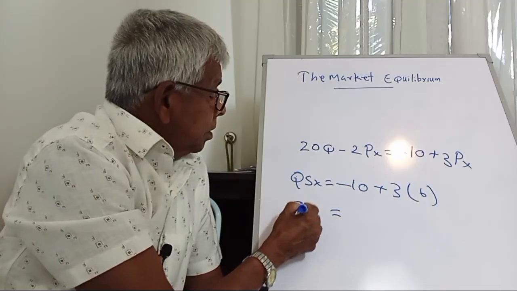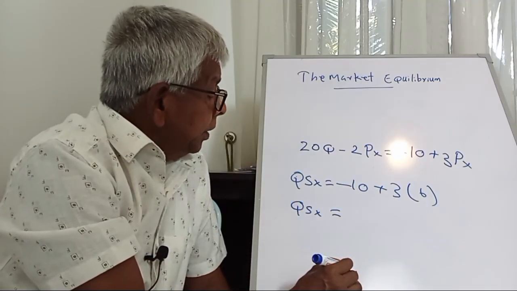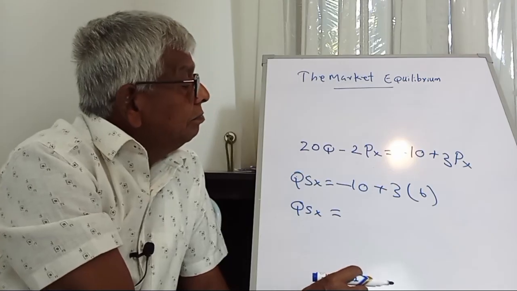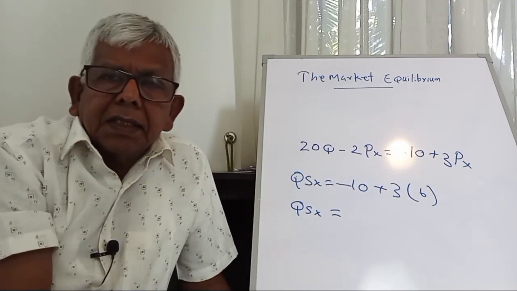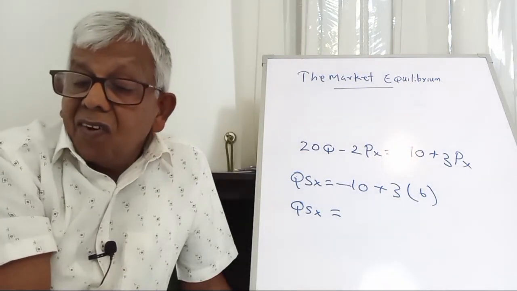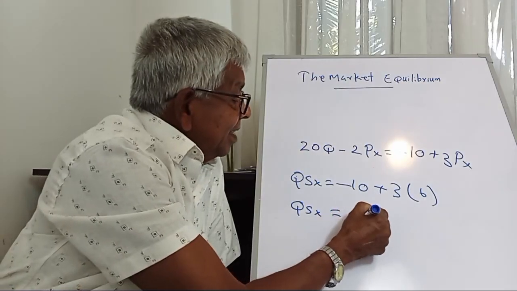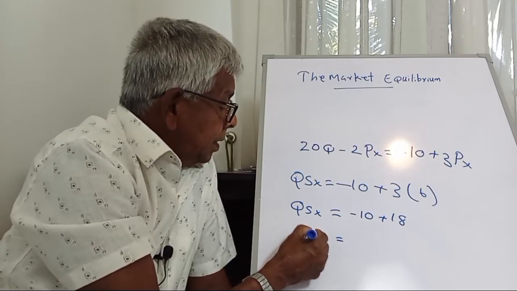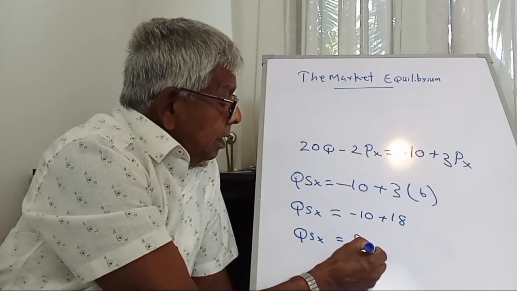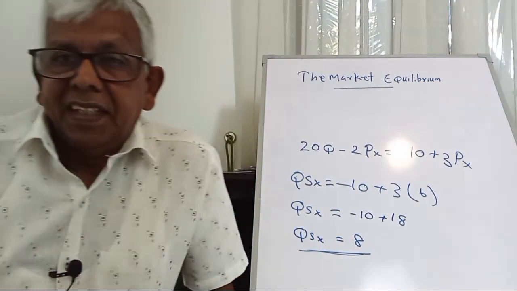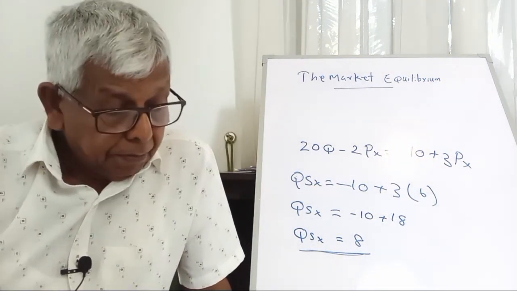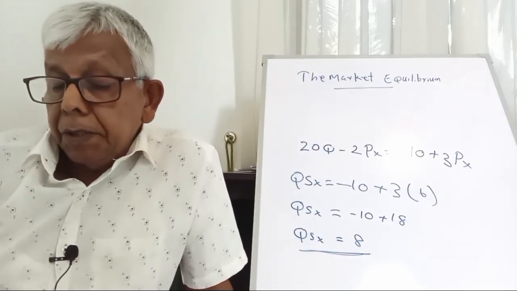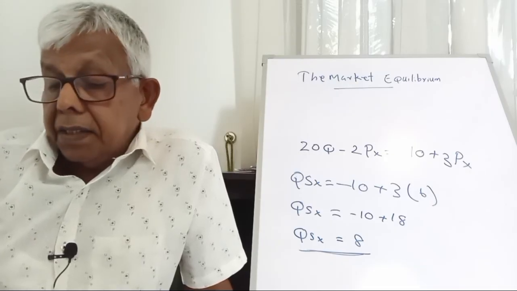Now Qsx equals minus 10 plus 3 multiplied by 6, which is 8. According to this, the equilibrium price is 6 rupees and the equilibrium quantity is 8 units.